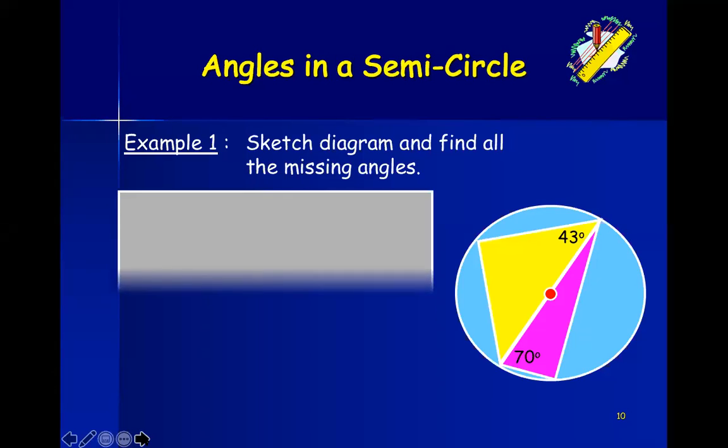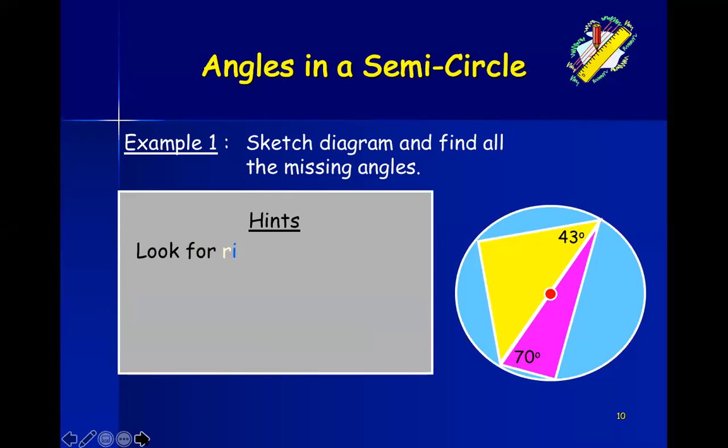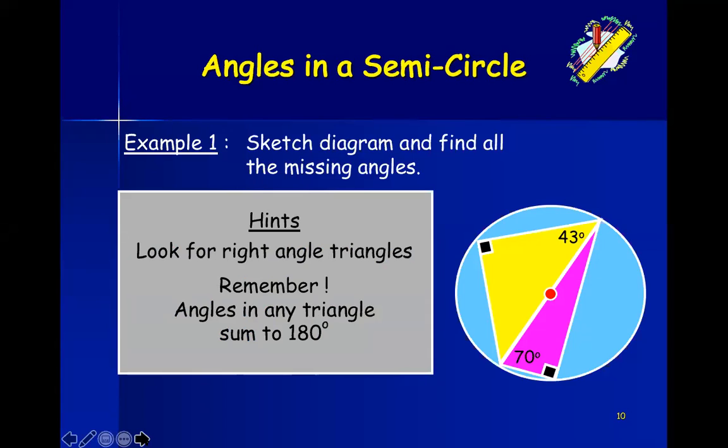Okay, so how can we find right angles here? By looking at it, we can see that we've got those two triangles with the hypotenuse being the diameter, or two semicircles. And then we did say that all angles in any triangle add up to 180.